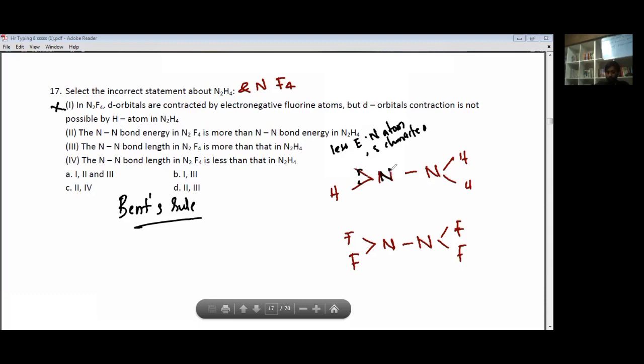So consider the bonds of nitrogen, which is bonded to 2 hydrogens, where the electronegativity of hydrogen is comparatively less than nitrogen. So this bond has greater S character.